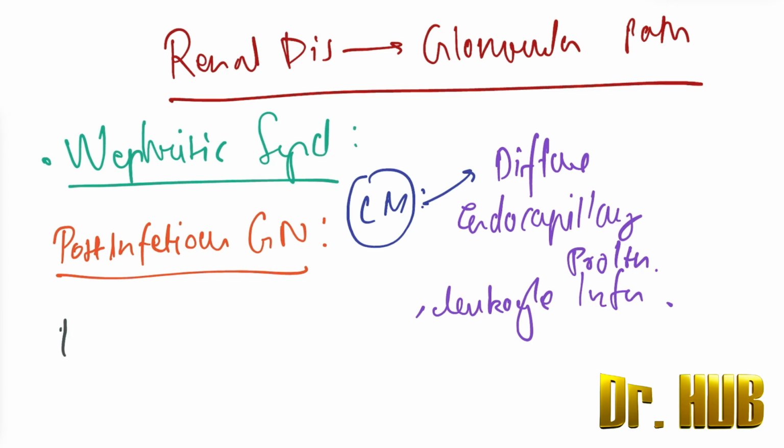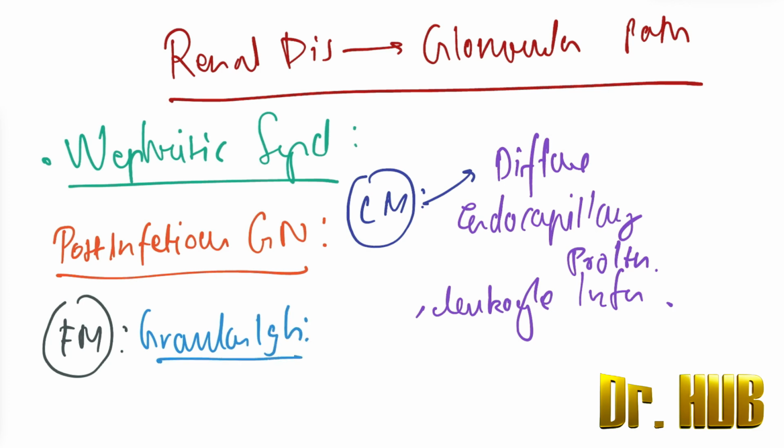Next is the fluorescent microscopy. Here there is a granular IgG and C3.